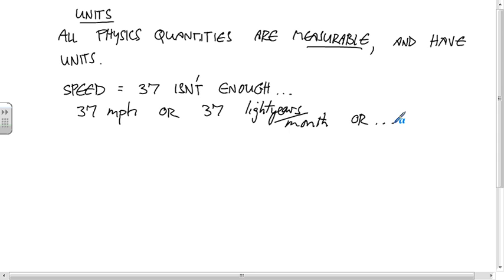And we're going to need to be able to go back and forth from one unit to another unit measuring the same quantity. So if we're given the length of something in inches, we need to be able to express it in meters, for example. And so that's what I'm going to talk about first.